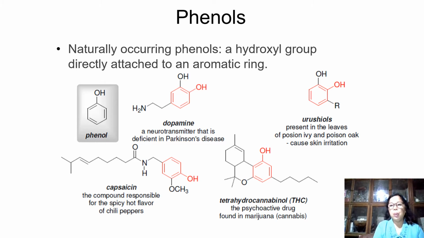In fact, marijuana is also known as cannabis, and its scientific name also contains the word cannabis. And the active molecule in marijuana that could lead to hallucination is tetrahydrocannabinol.